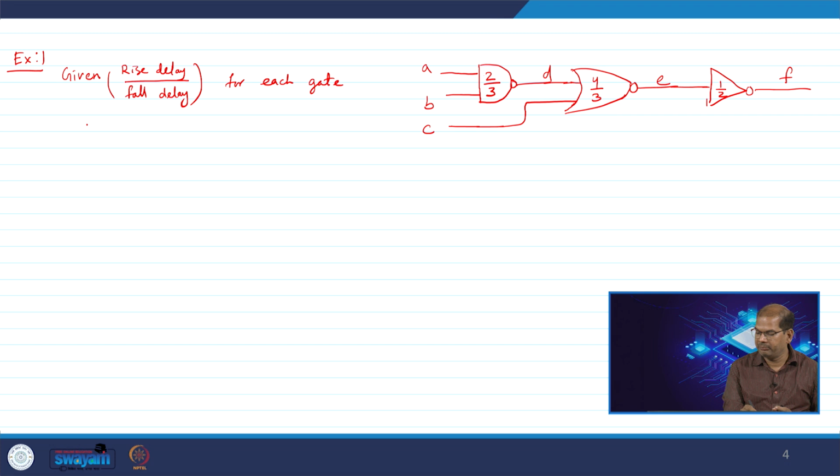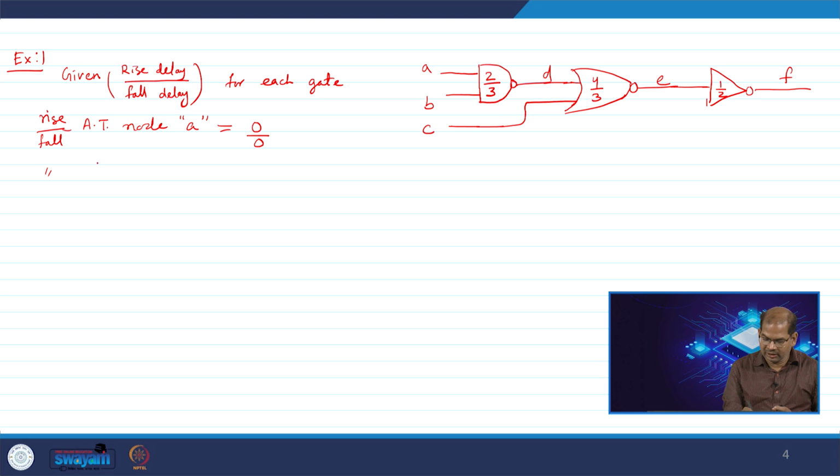What are the primary inputs here? A, B, C. The rise and fall arrival time of node A is 0 by 0.